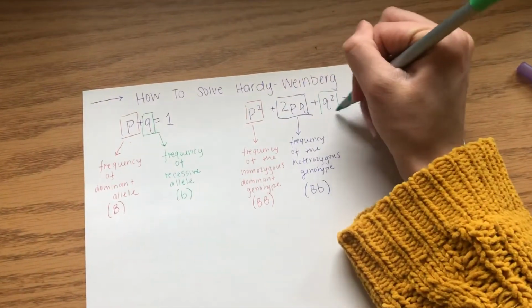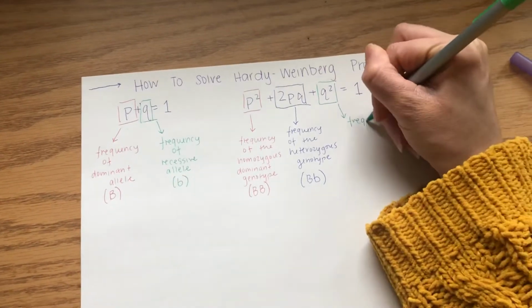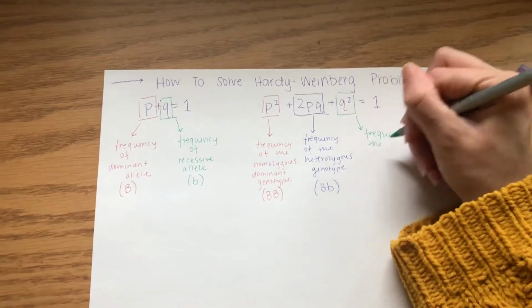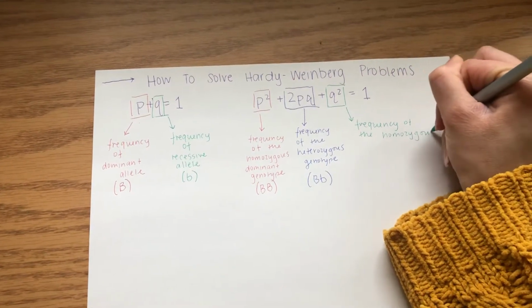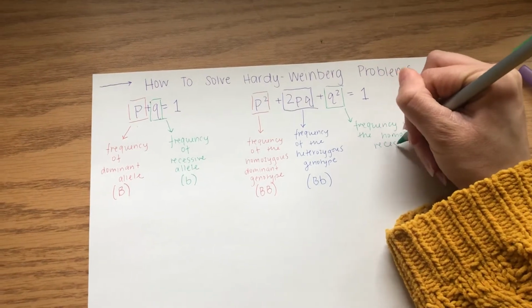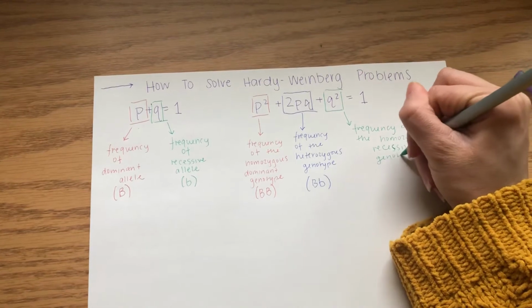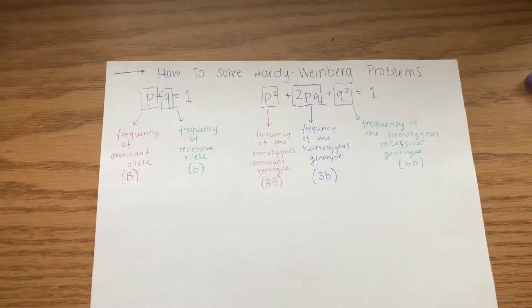Now our Q squared then is going to be the frequency of the homozygous recessive genotype. This would be lowercase b, lowercase b.